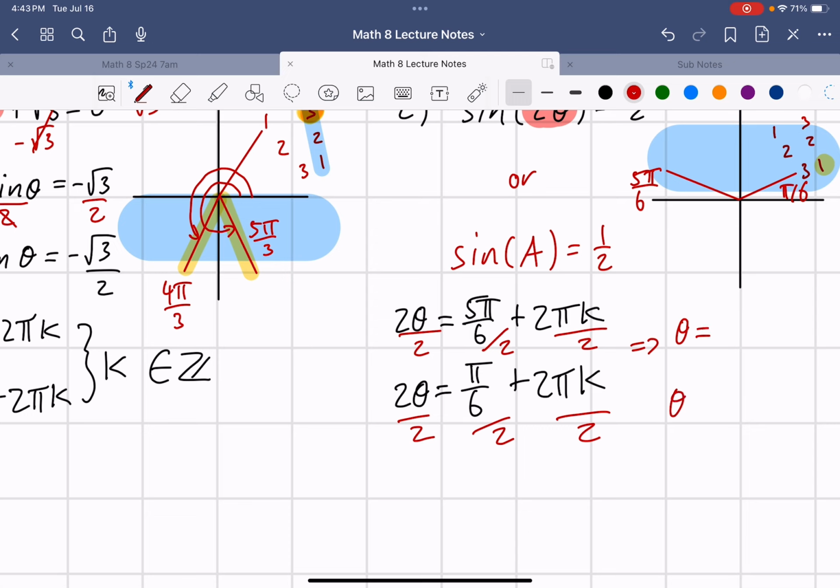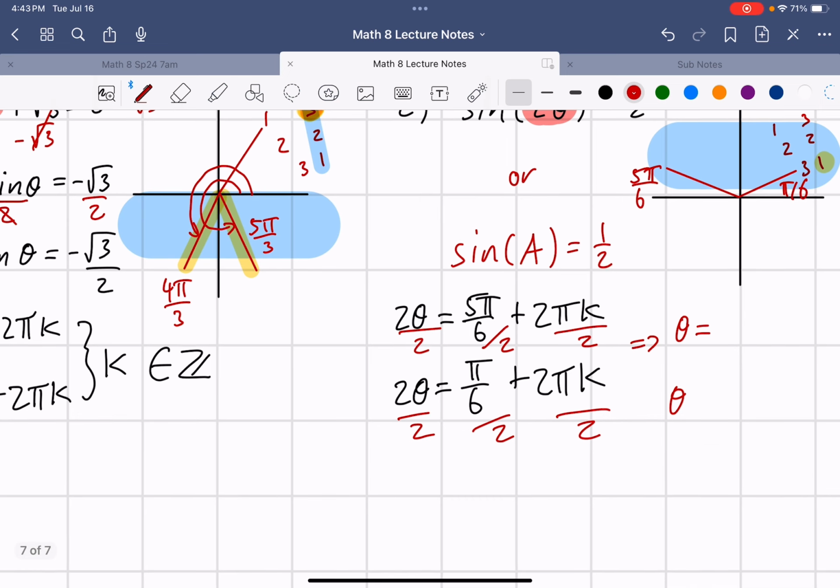Now 5 pi over 6 divided by 2 becomes 5 pi over 12 plus, and then the 2's simplify, plus pi k. And then for our second equation, we get pi over 12 plus pi k.